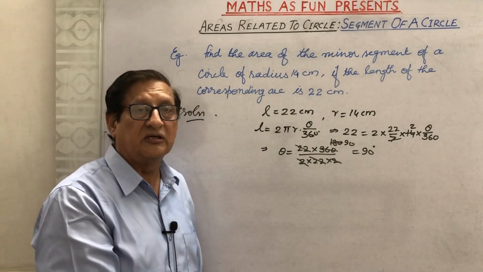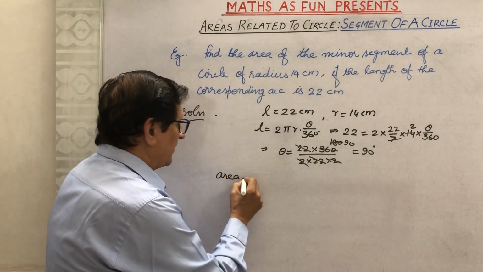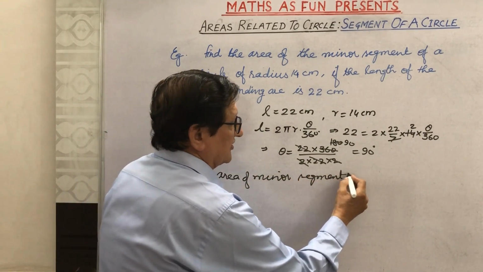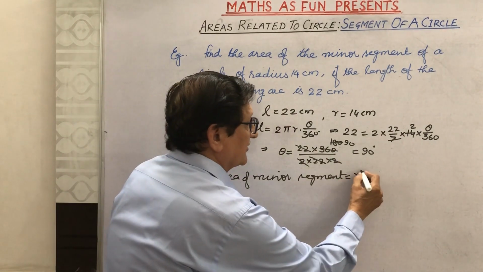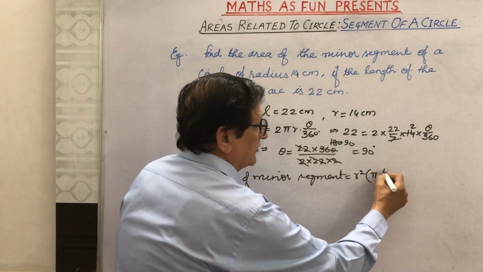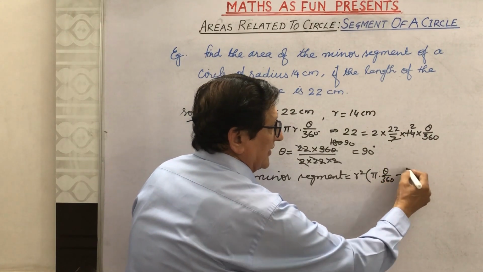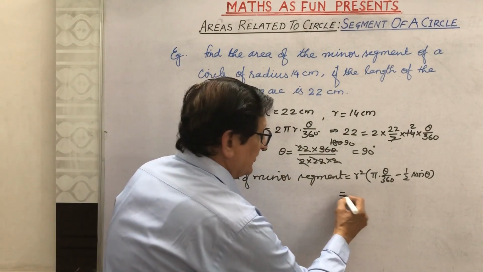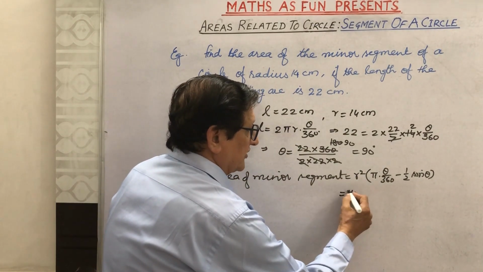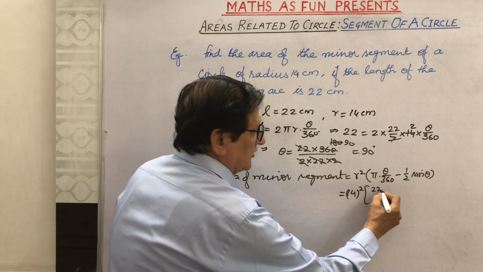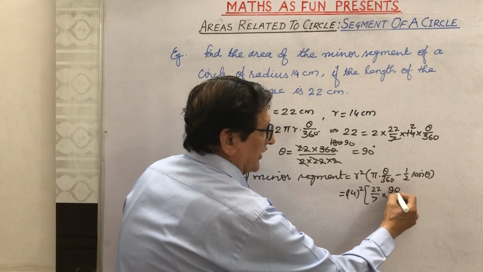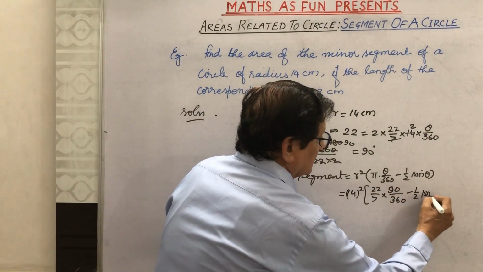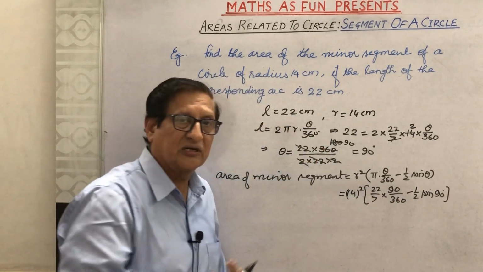Now we can find out the area of the minor segment. So we write area of minor segment is equal to, we apply the formula, that is r square into pi into theta upon 360 minus half into sine theta. Applying the values, we are getting here r square means 14 square, pi 22 by 7, theta 90 upon 360 minus half into sine 90 because theta is 90.